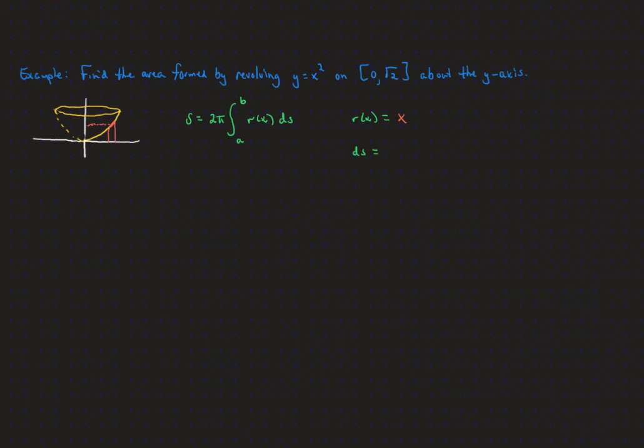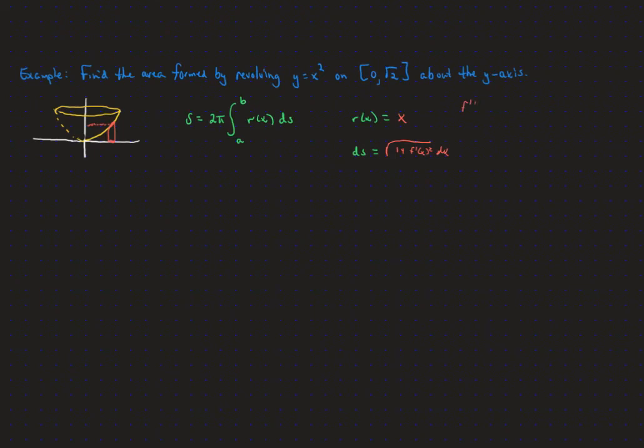The ds, we're still using this now. We're taking this little slice here, still going to be a delta x there. So as we've seen before in the earlier example, we're still going to be taking the square root of 1 plus f prime of x squared, and then we're going to get a dx for that little thickness there, our delta x.